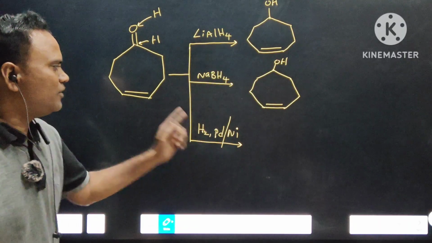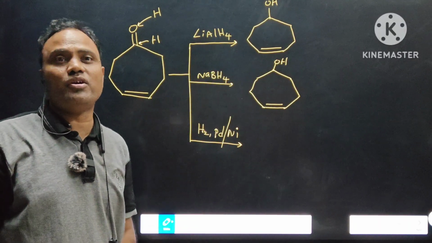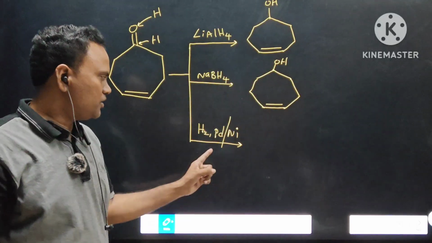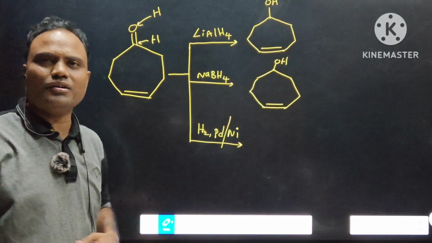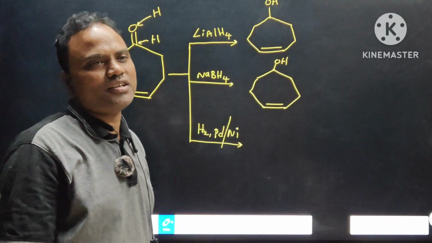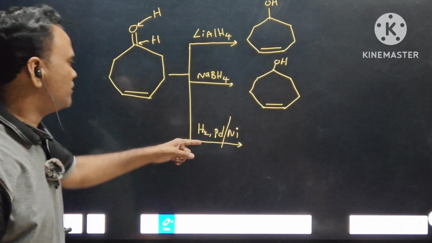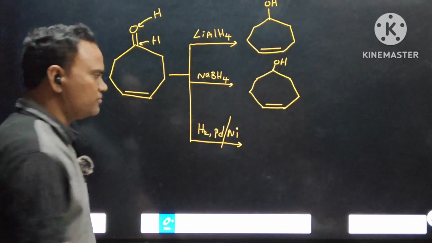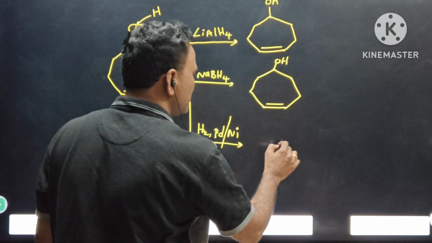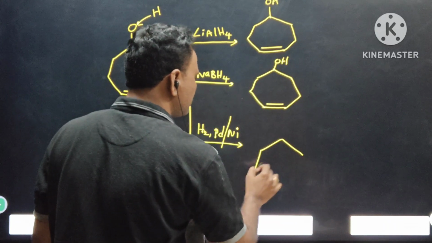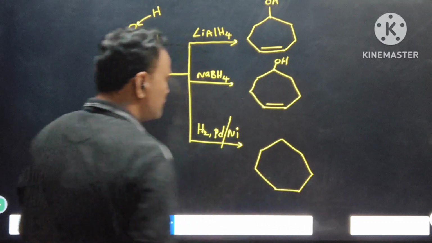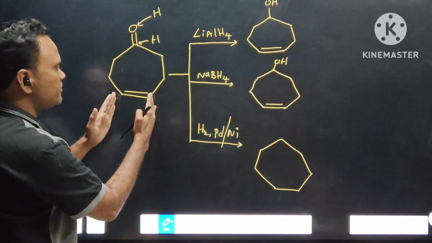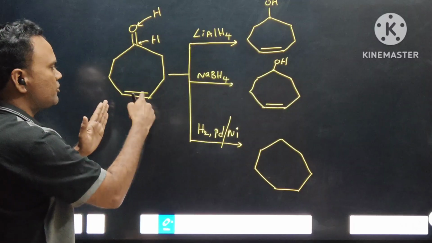Clear? But H2 palladium is a powerful reducing agent. This is a first year example. It can reduce double bond also. Sabatier-Sanderens reaction in alkenes, clear. So it reduces this part and this part. Very important example. Here two hydrogens will be added, H and H, so the double bond will vanish.